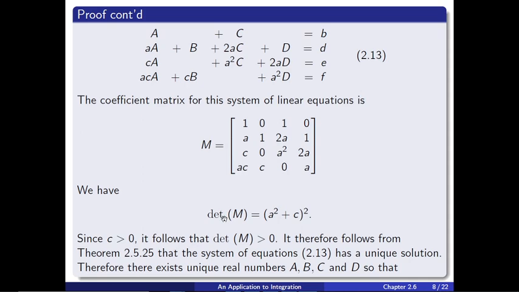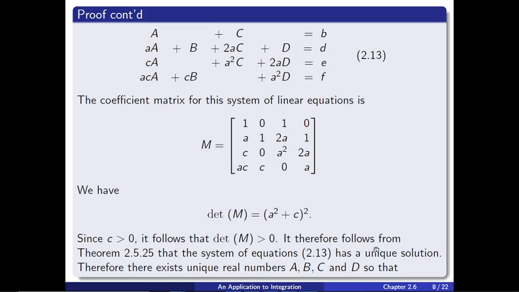And we know from the hypothesis, from the statement of the theorem, that c is greater than 0, and we know that a squared is greater or equal to 0. So therefore the determinant is greater than 0, right?